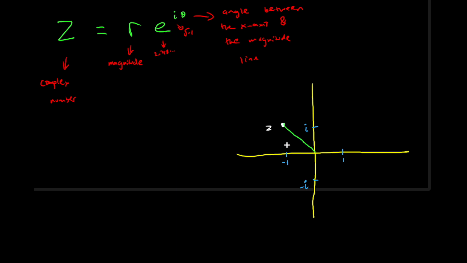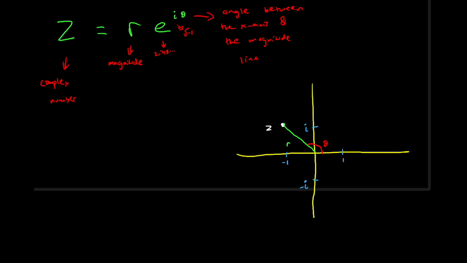This is r. And here's my angle, theta, in a different color, possibly red. So here's all of our information: our angle theta, our r, and the complex number z.